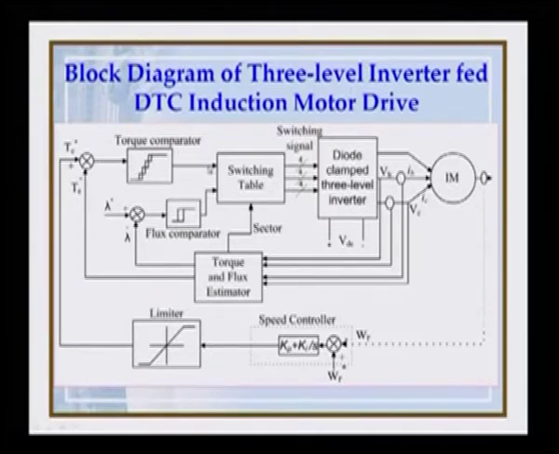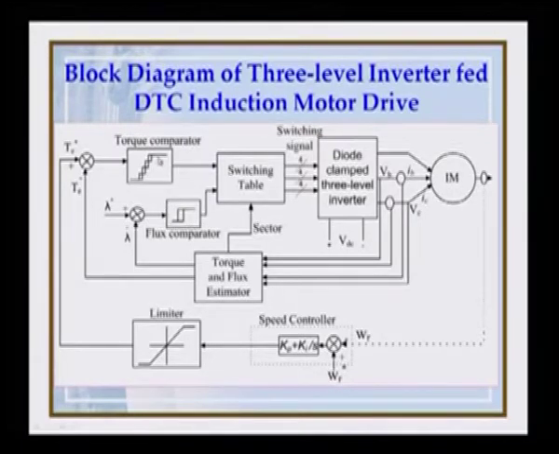This will be giving us the torque status, as you have in case of a DTC of a 2-level induction motor drive. And we have the reference flux here, lambda star, and that is compared with the actual flux lambda, and it is fed to a flux comparator.